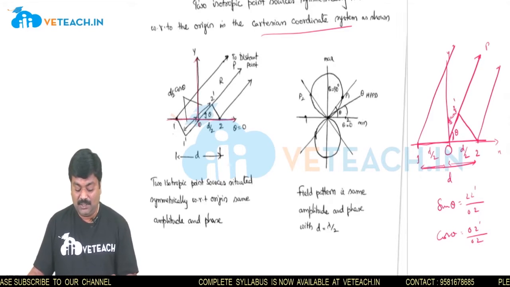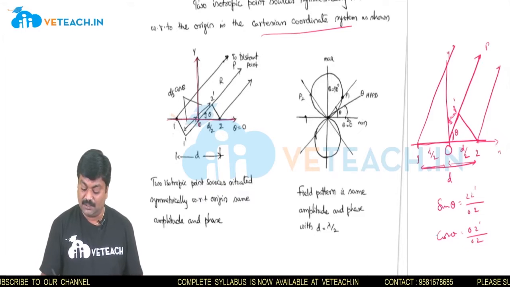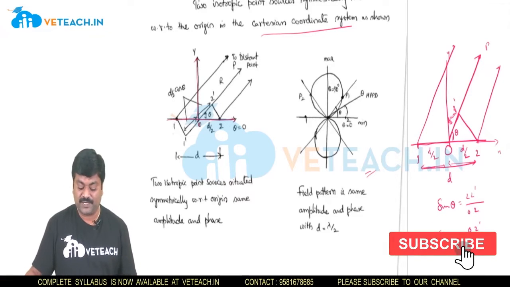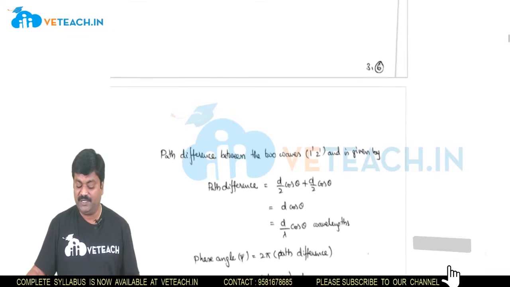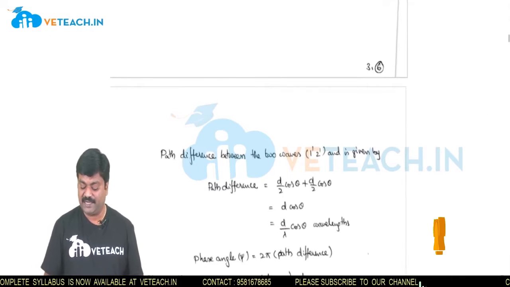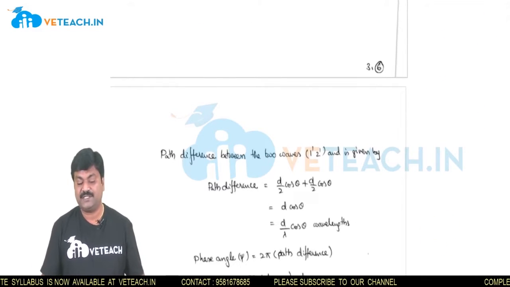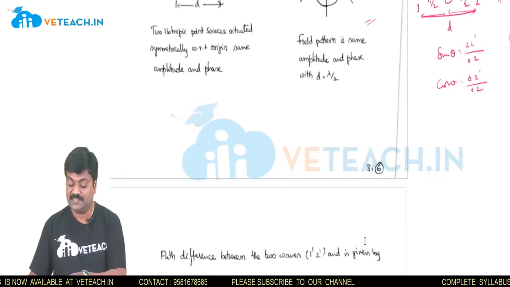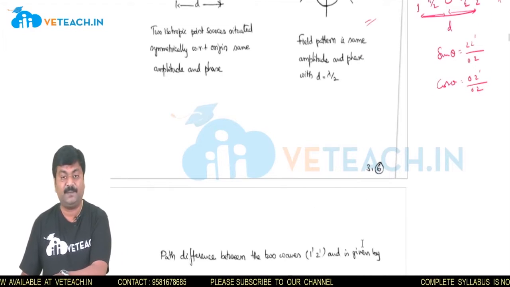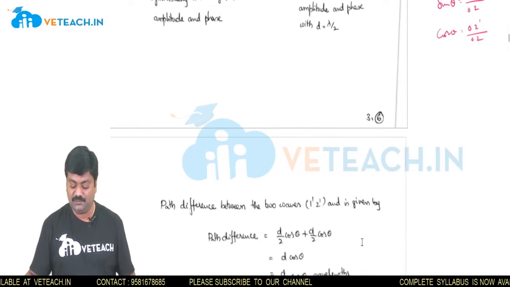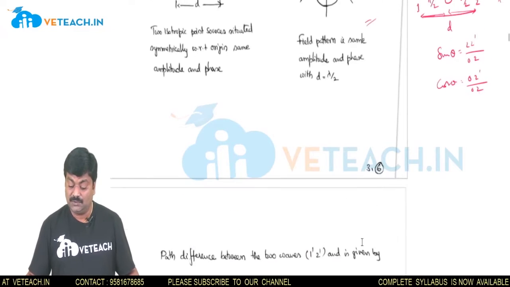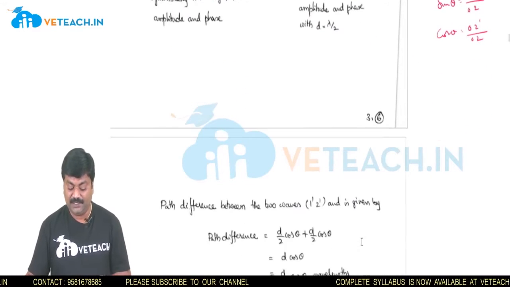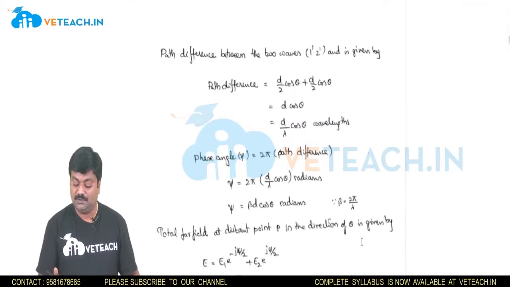Now, after seeing this, leave this particular diagram for some time. First we will find, as I said, the path difference between the two, which needs to be calculated. What is the path difference? As I said, they are apart by a distance of d. So here we will calculate d by 2 cos theta.